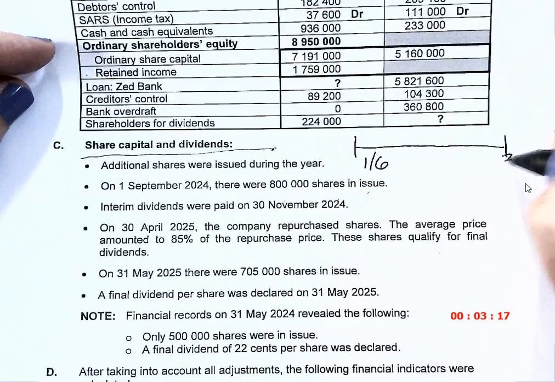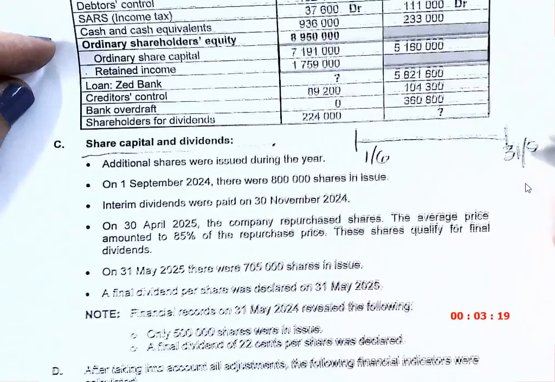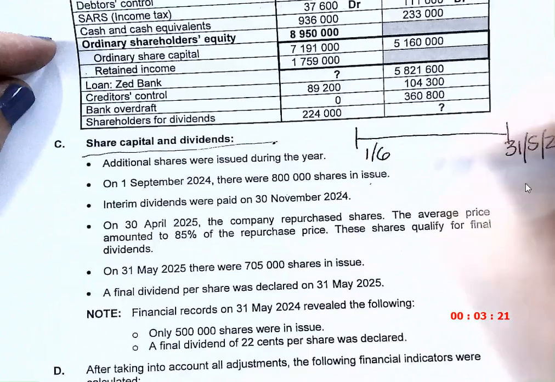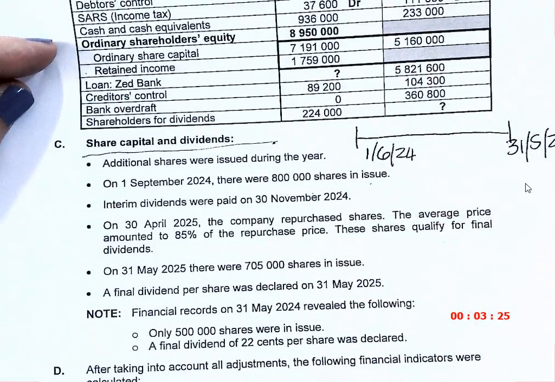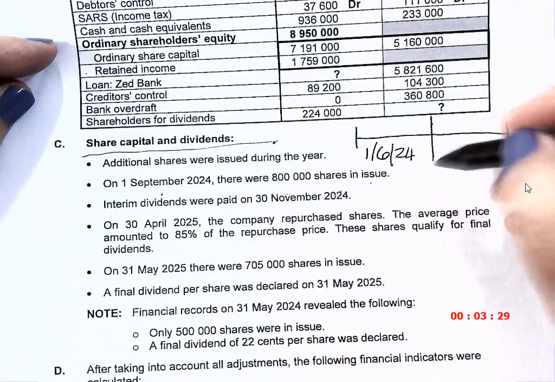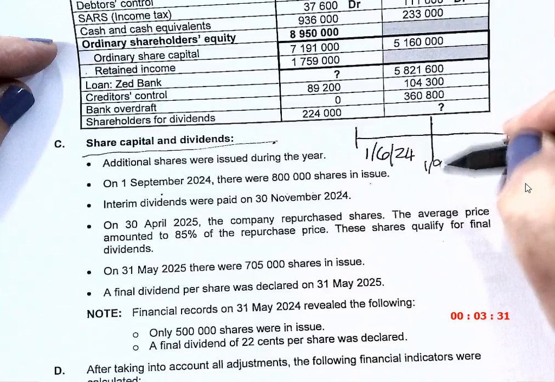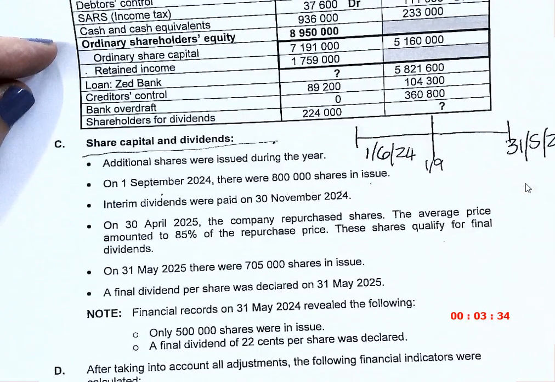It ends 31st May. There's 25. There's 24. So if I look at this now, 1st September would be here. Now he gives you shares in the middle of the year. 800,000.